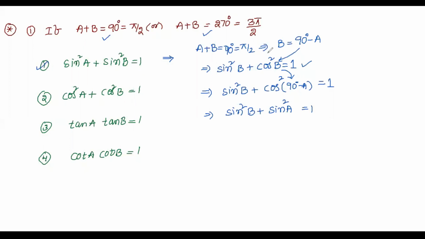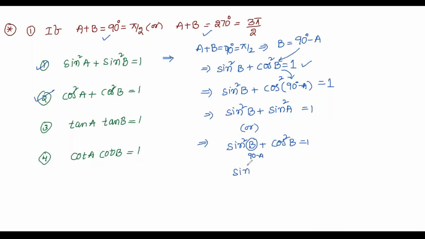Or, if you write instead of sin B, sin of 90 minus A, then you get the second one. See here, sin square B plus cos square B is equal to 1. Now instead of this B, I am going to write 90 minus A. So what you get?